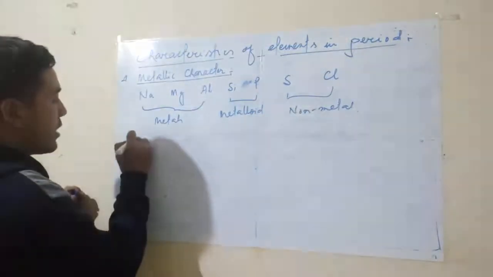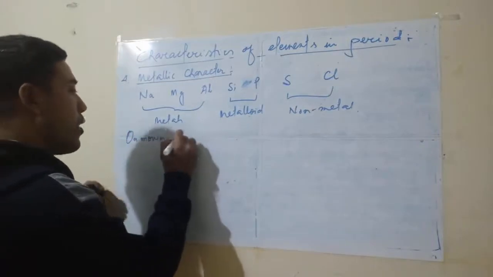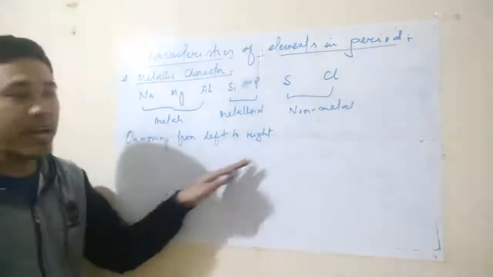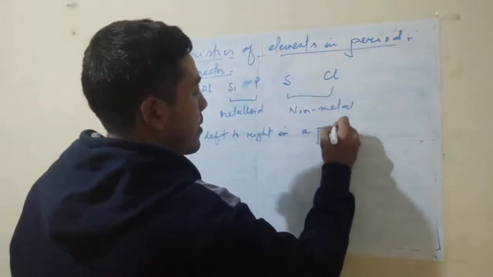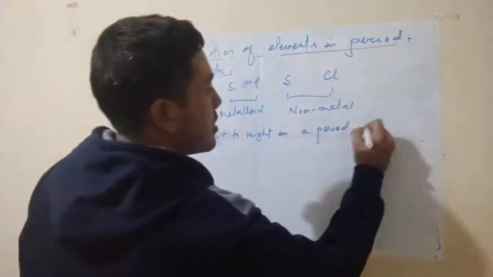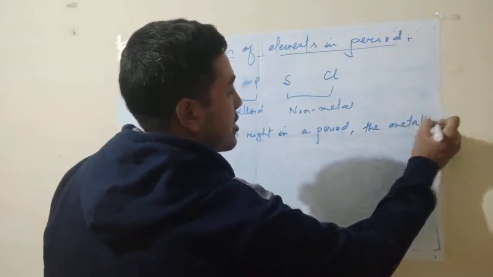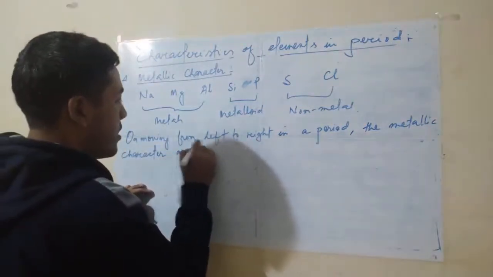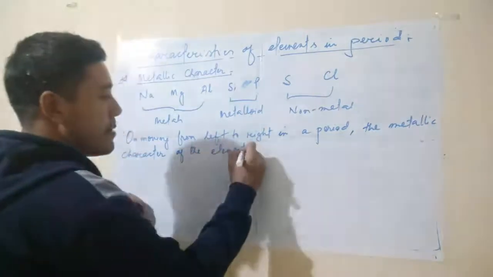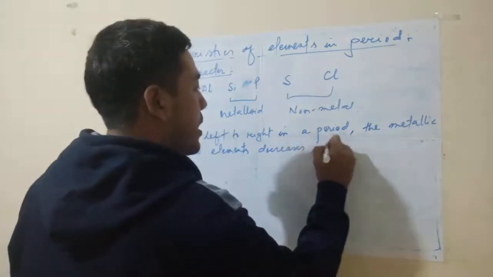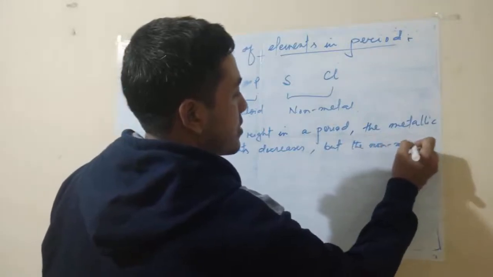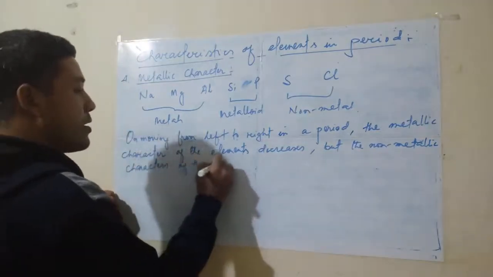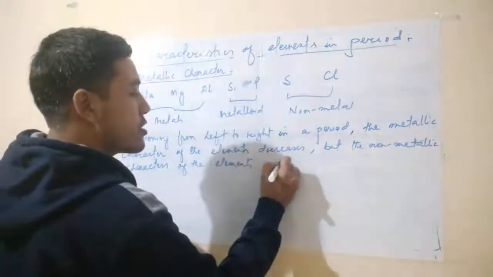Now look here, on moving from left to right in a period, the metallic character of the elements decreases, but the non-metallic character of the elements increases.